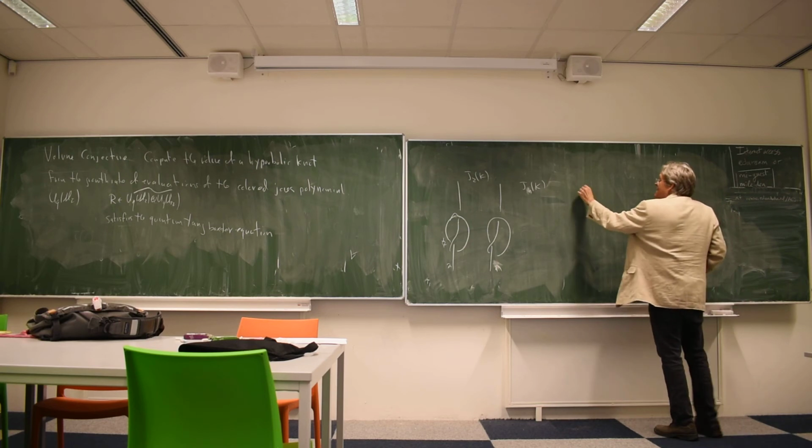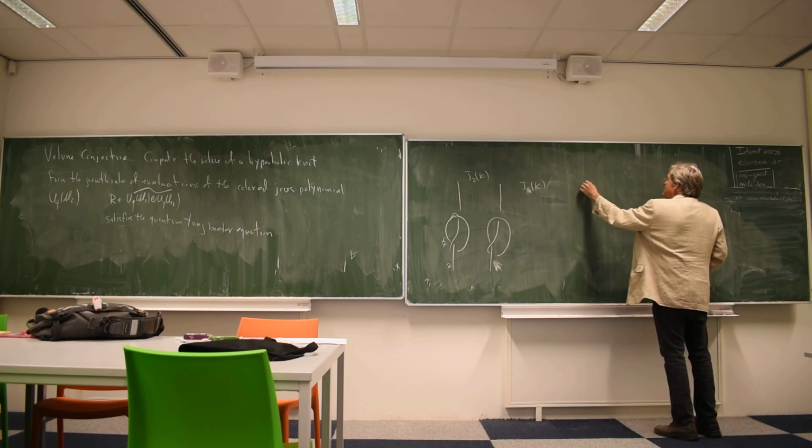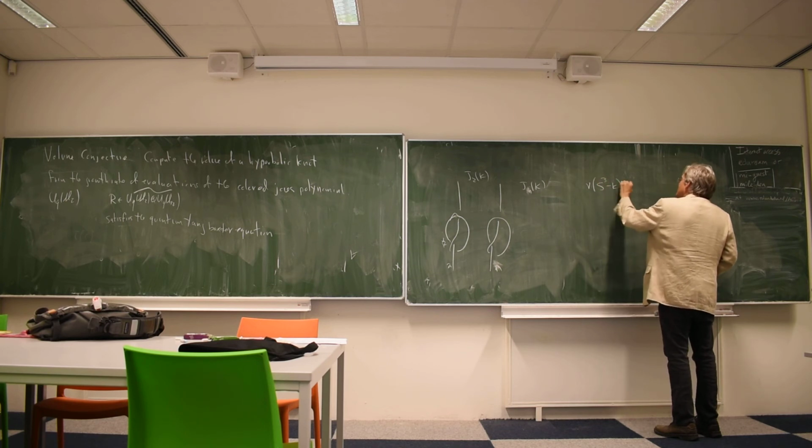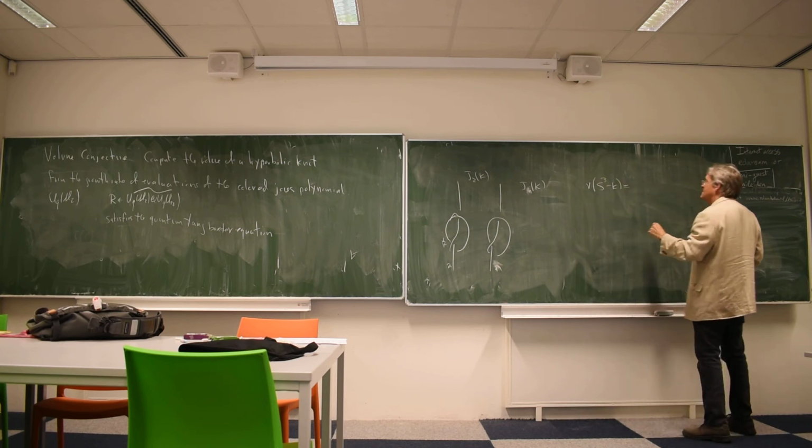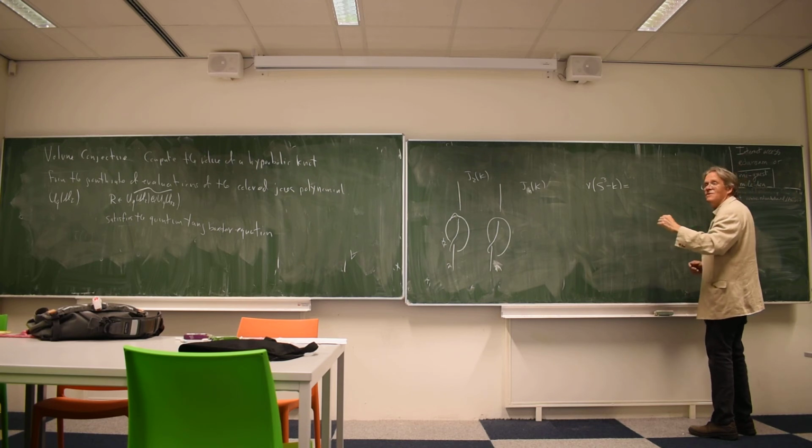And now the conjecture is that the hyperbolic volume of S^3 minus K, and I'm going to mess it up. Where's the 2 pi go?